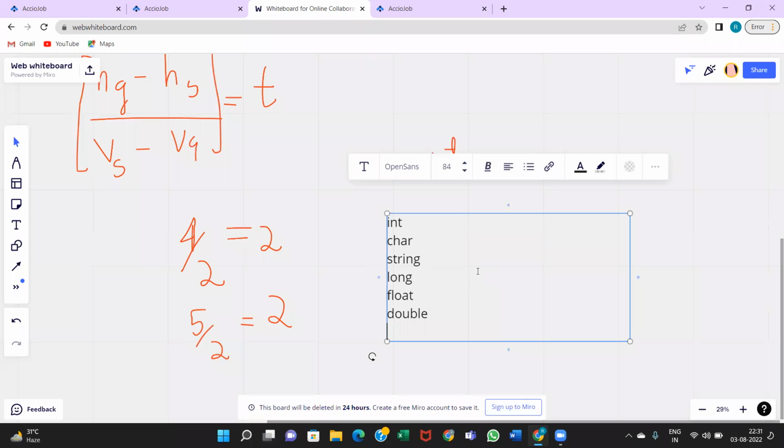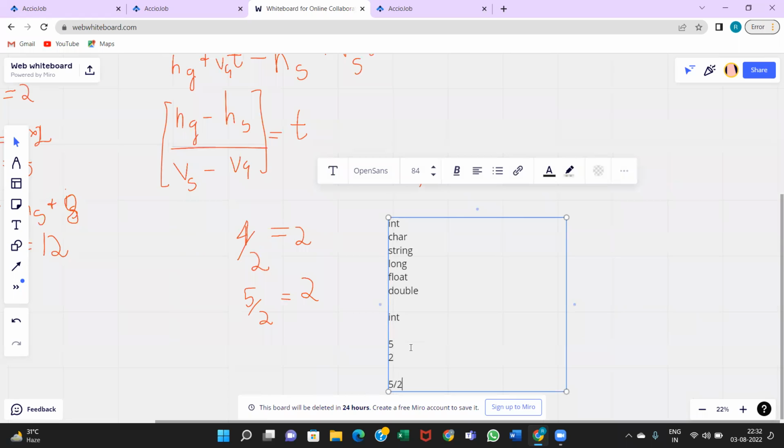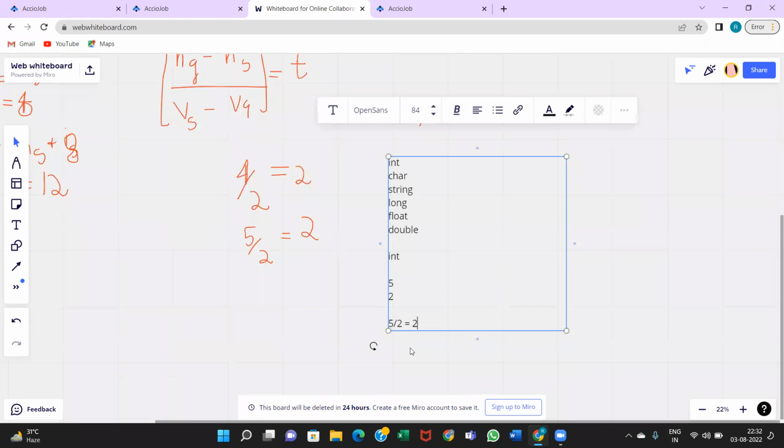You must be knowing about all the data types. Here we are using only integers. 5 is an integer, 2 is also an integer, so 5 divided by 2 will give us 2. In our system, whenever we divide it will not show us the decimal part because it does not have the capacity to store it.